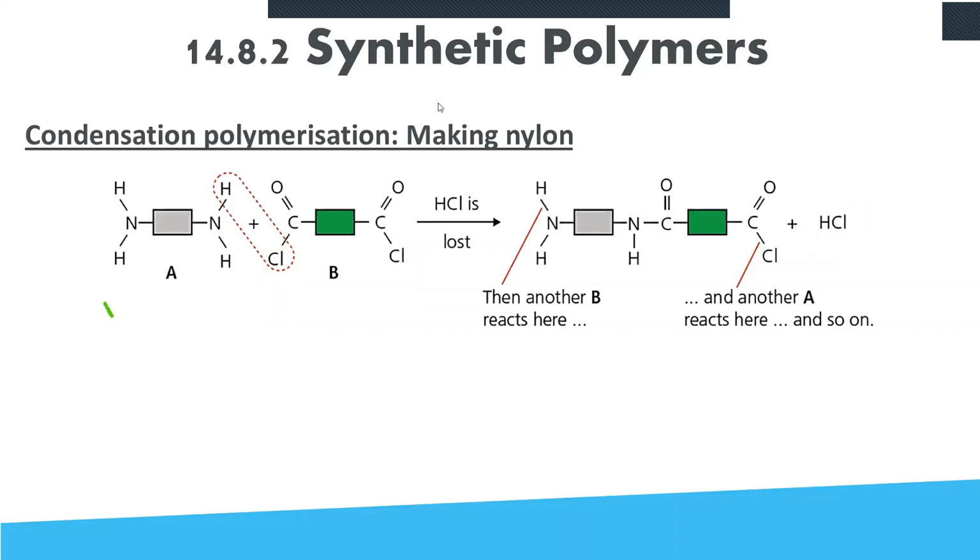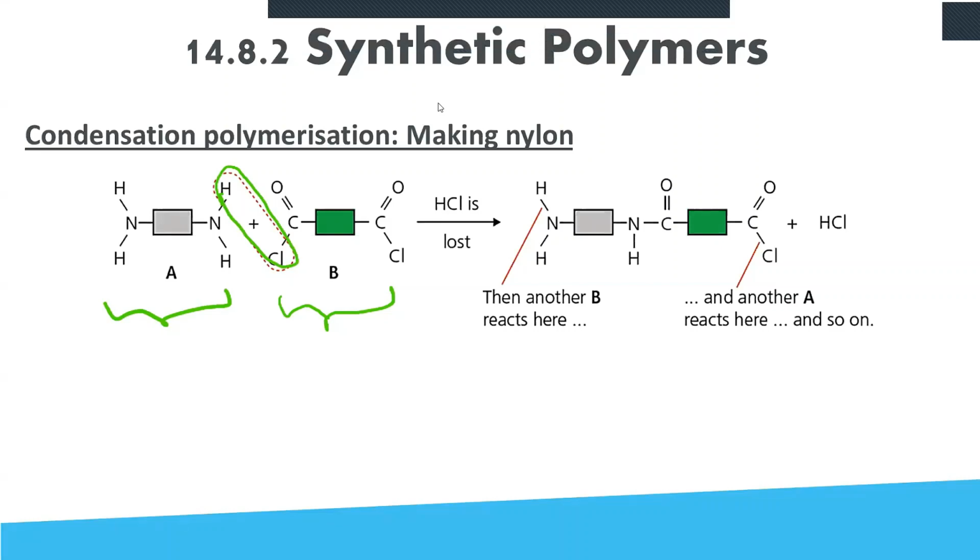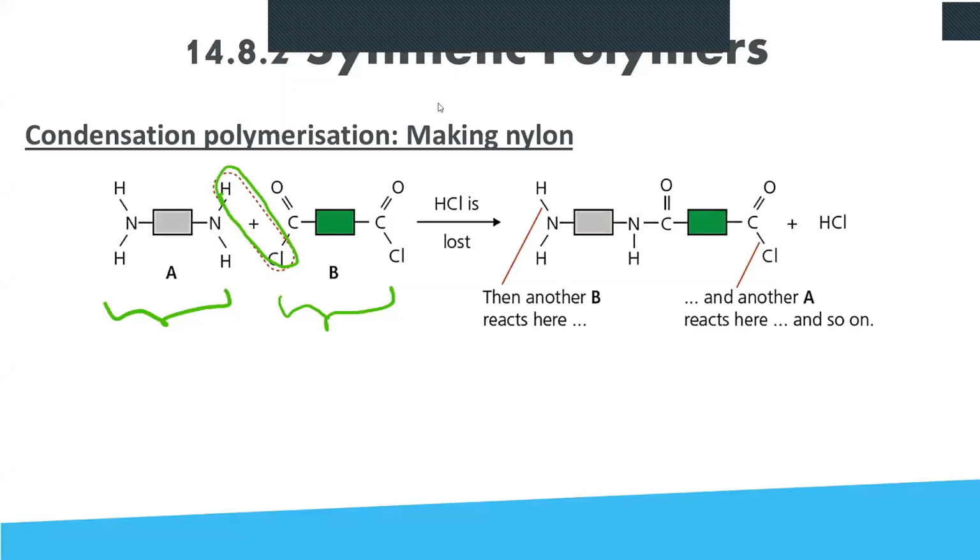Usually the monomer structures will be given like this: monomer A, monomer B, and then you have to work out the answer by drawing a rough circle like this. When you combine, make sure that you are combining from where the two bonds are broken.